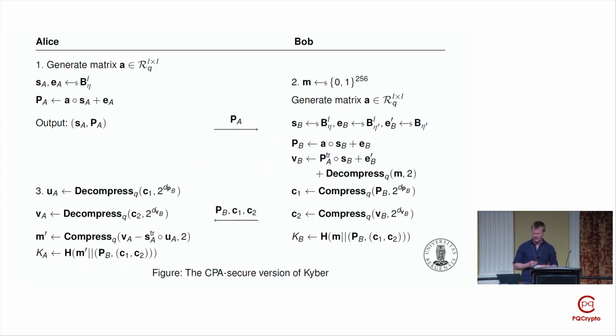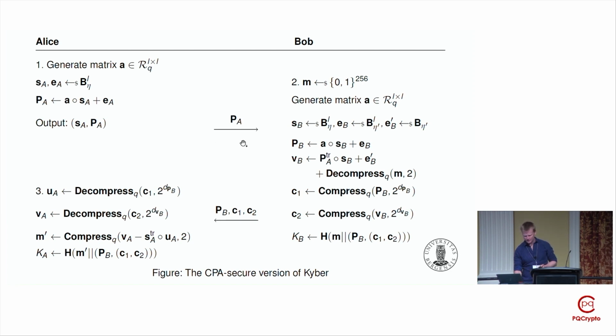Now, a CPA secure version of Kyber in terms of a key exchange protocol can look something like this. In the case of Saber, it will look fairly similar. I will not go into the details here, but the idea here is that Alice, using her secret key, creates a public value, sends it to Bob.